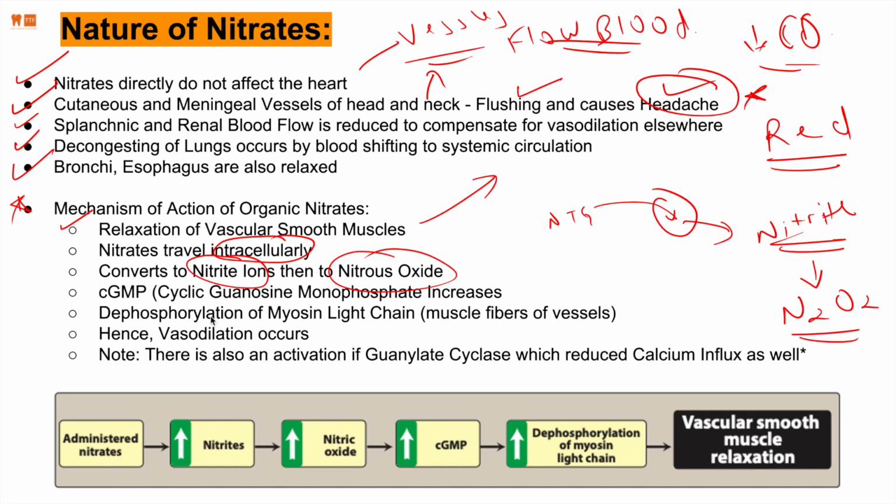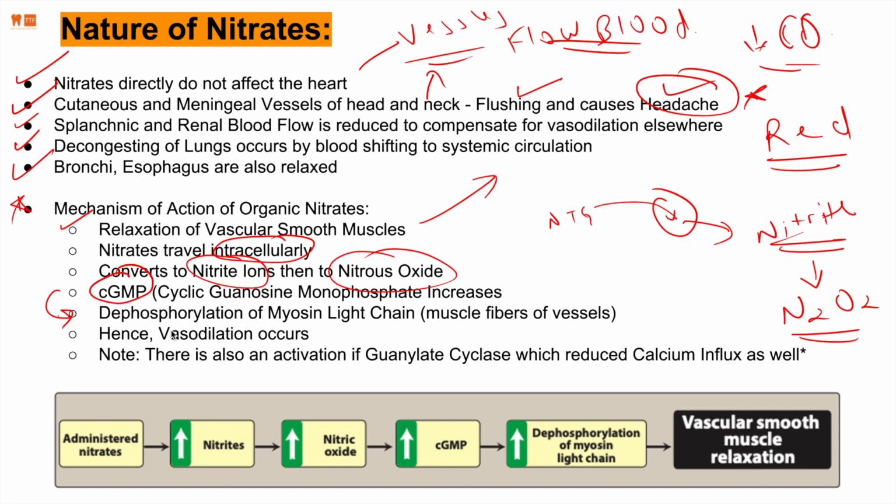Okay, nitrous oxide has a very solid property to stimulate CGMP, which is cyclic guanosine monophosphate. It is an enzyme. More so, that is responsible for dephosphorylation of myosin light chain. Oh my God, okay, what does that mean?